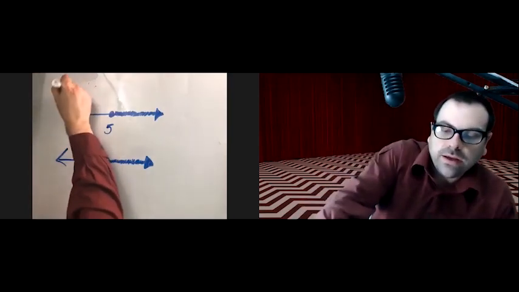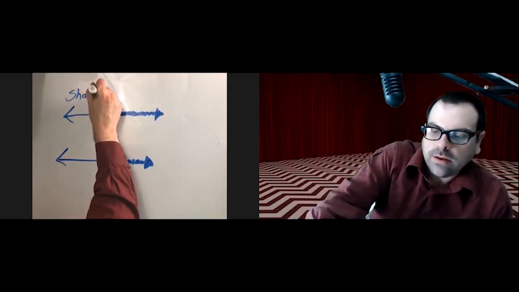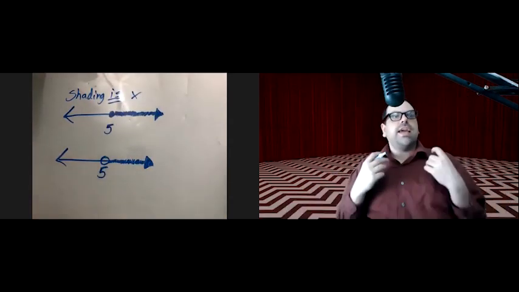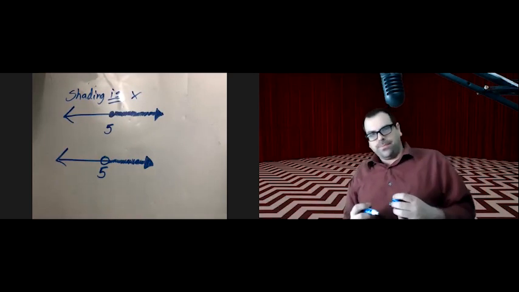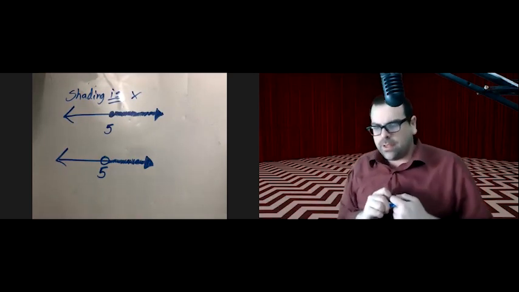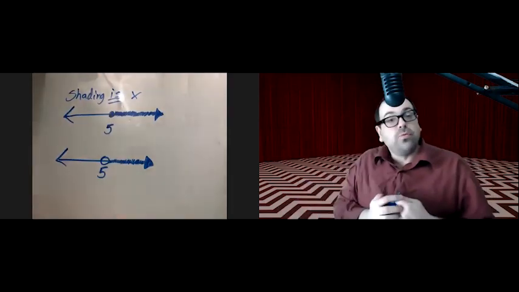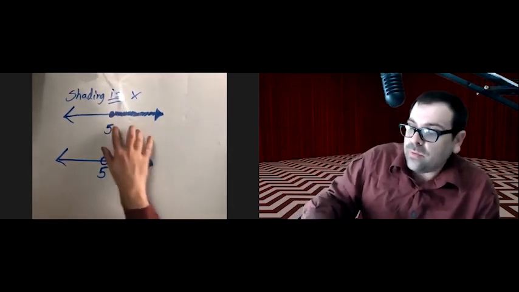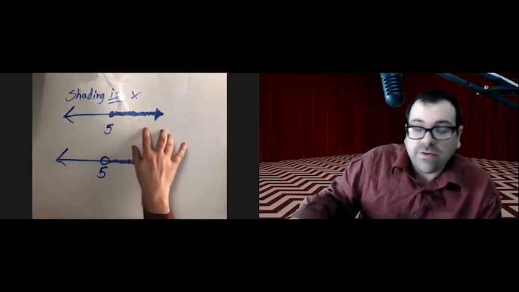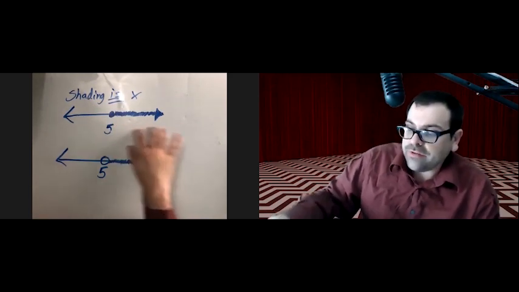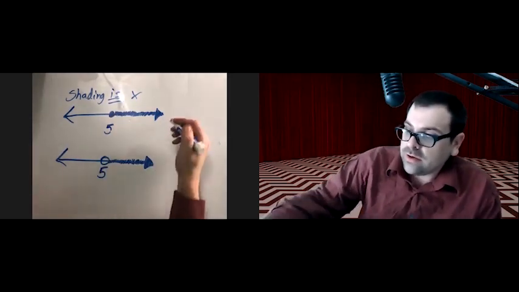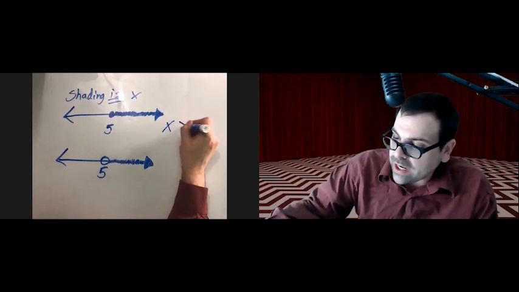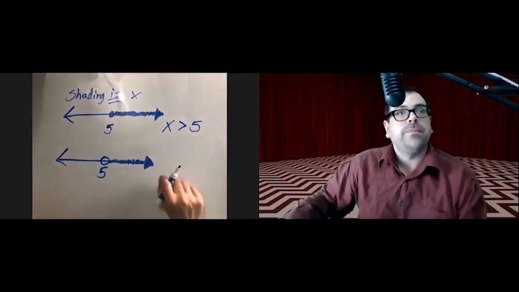The shading is X. The shading is your variable, okay? So if we're looking for X here, X is everything to the right of 5. It's everything greater than 5. X is greater than 5.